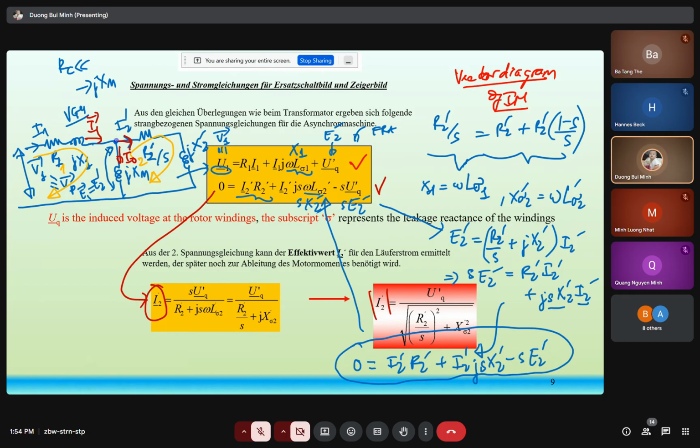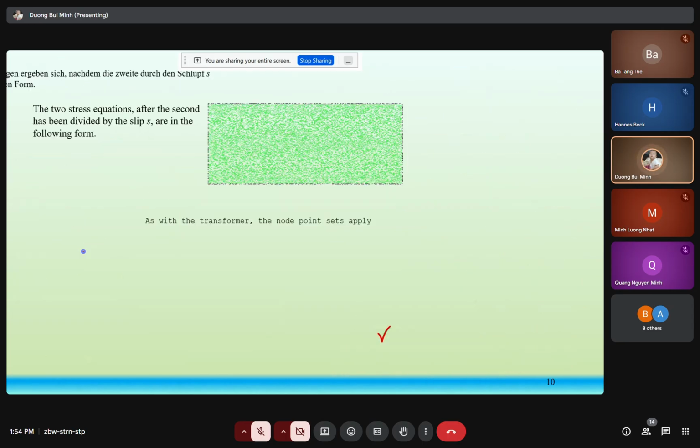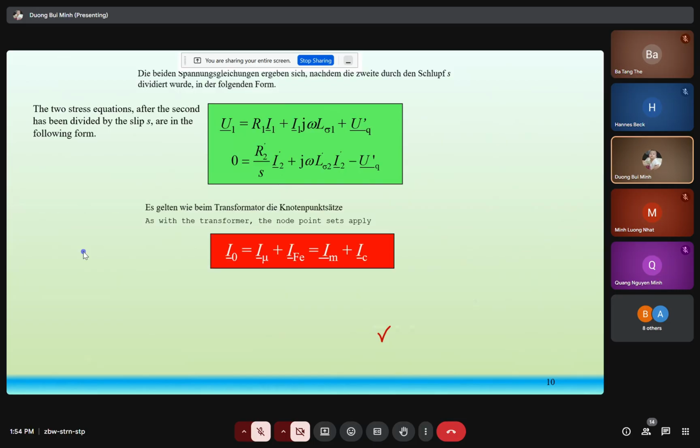If we consider this node and apply KCL, Kirchhoff 1, you get I1 equals I0 plus I2 over comma, or we can say I1 minus I2 over comma equals I0. Of course, these are complex numbers.